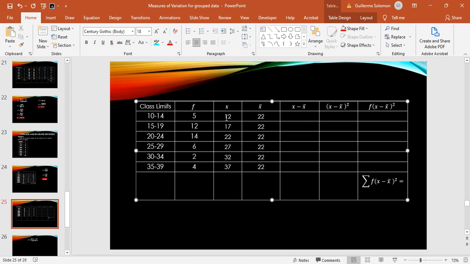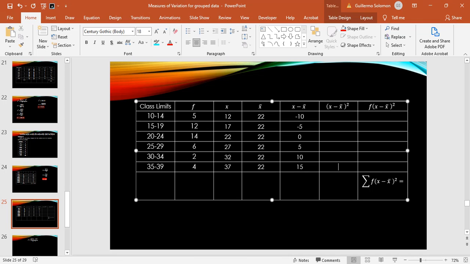So, 12 minus 22, that is negative 10. 17 minus 22, that is negative 5. Okay. So, 22 minus 22, that is 0. 27 minus 22, that is 5. 32 minus 22, that is 10. 37 minus 22, that is 15.